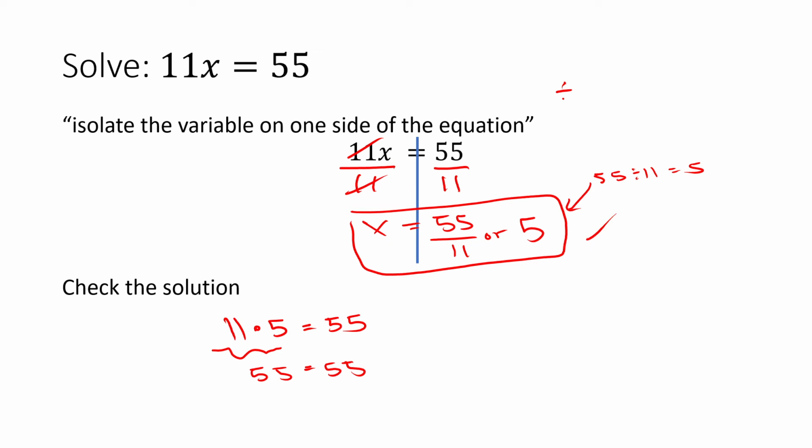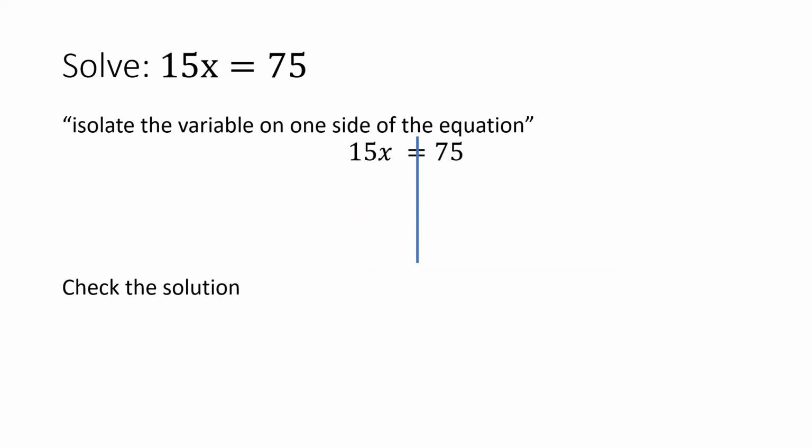We move on to the next example. 15x is equal to 75. Once again, you're going to divide both sides by 15. Well, not 75, 15, because 15 is closer to x. Divide both sides by 15. 15 cancels out.